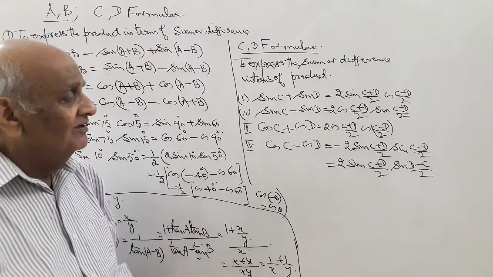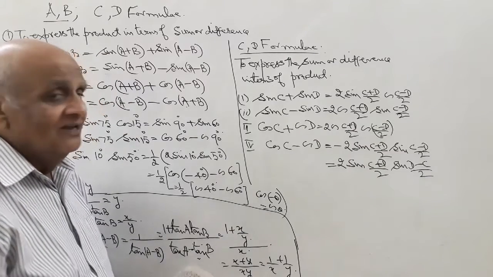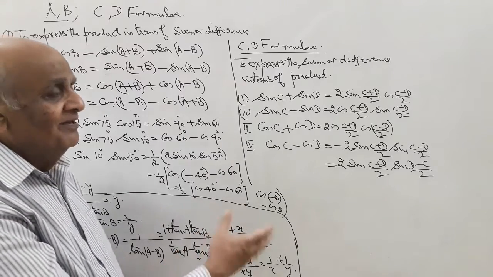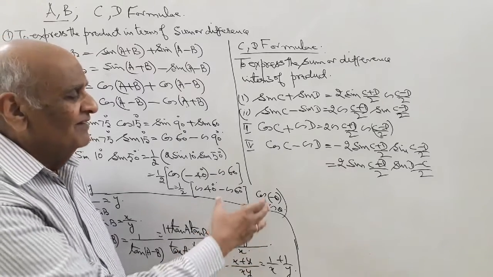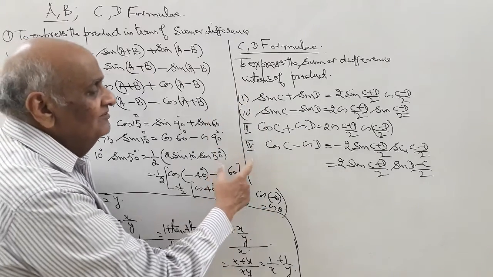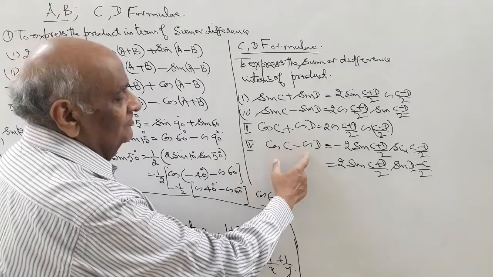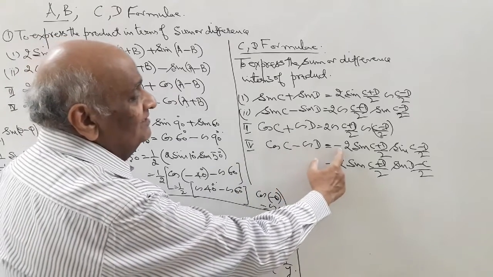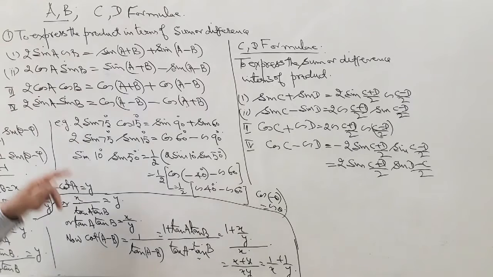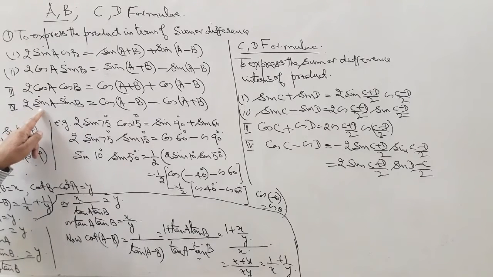Try to remember the maximum as early as possible, because we are to consider now their applications immediately after finalizing these formulas. See, fourth is cos C minus cos D. It is minus here. Why is it so? Because there is a change in the fourth formula here.